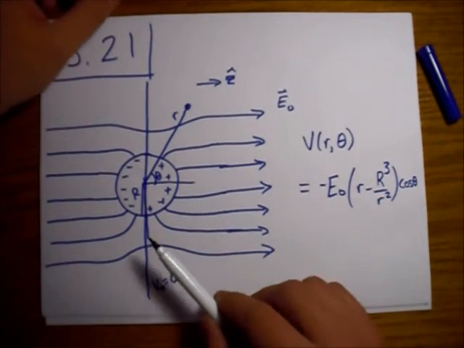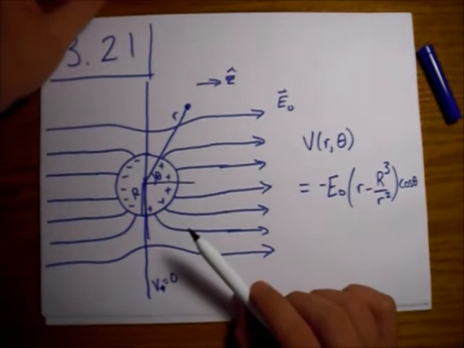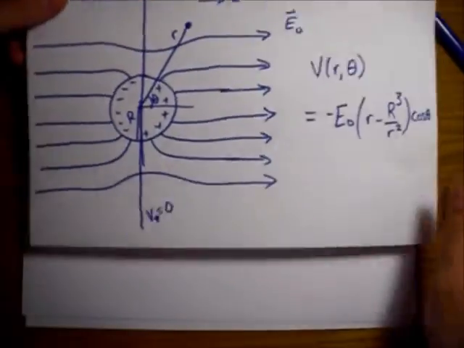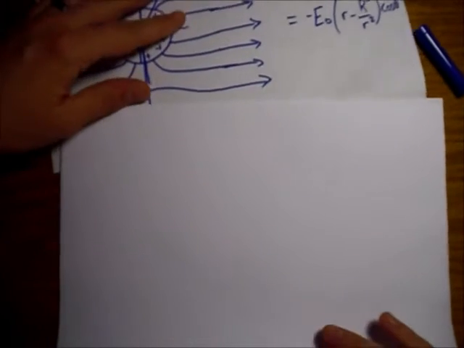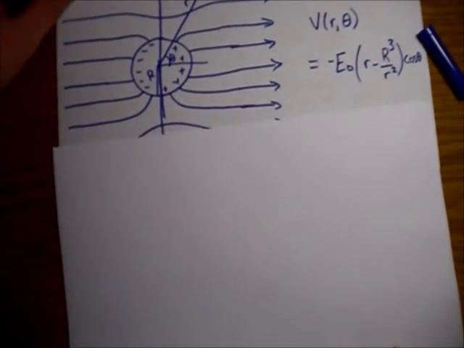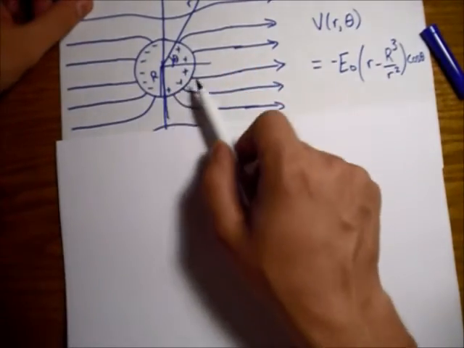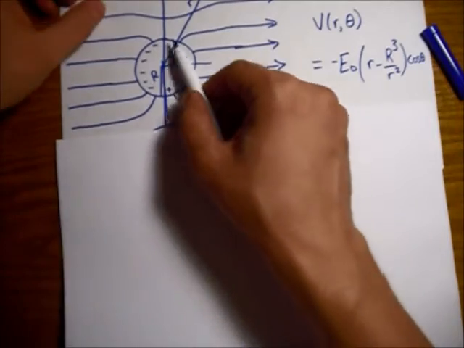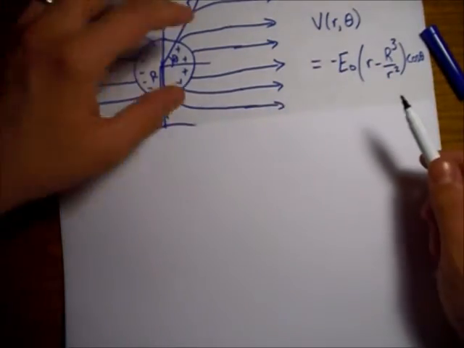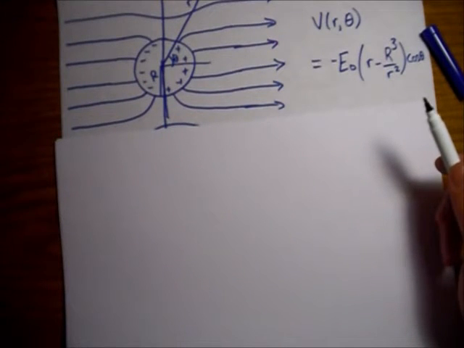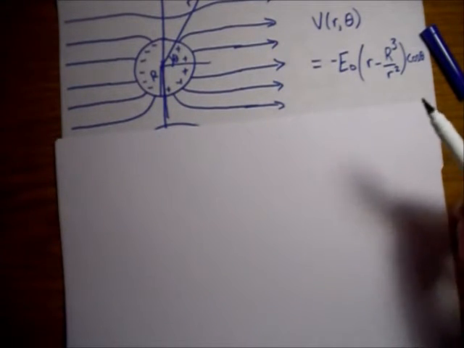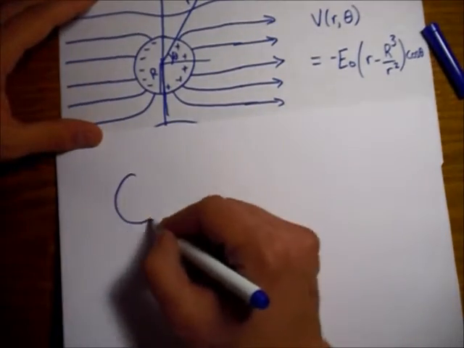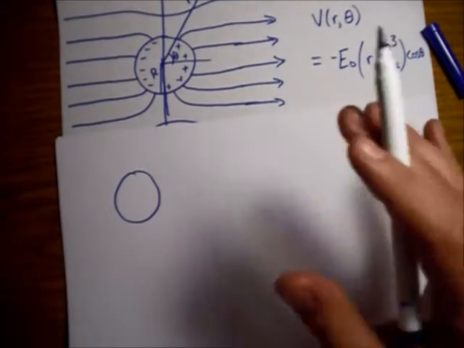Alright, now this is just a basic, as usual we take more time than we need to on these videos, this is a basic superposition problem. So in order to get a charged sphere, basically because of spherical symmetry, we're looking at superposition.